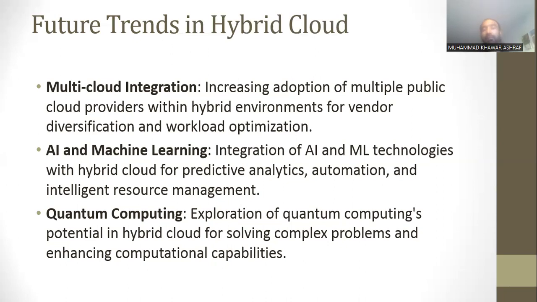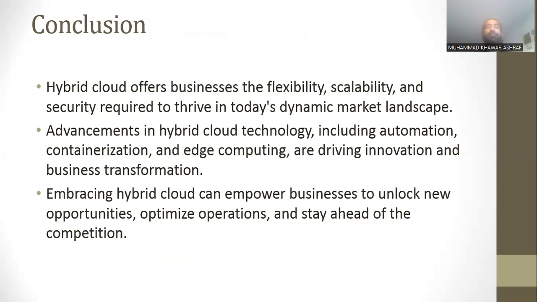And when we combine AI and machine learning together, we get better analytics, better automation, and intelligent resource management. And there is quantum computing, that is basically exploration of quantum computing's potential in a hybrid cloud for solving complex problems and enhancing computational capabilities.